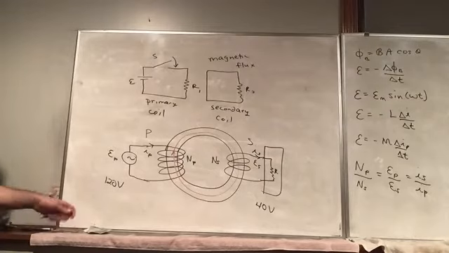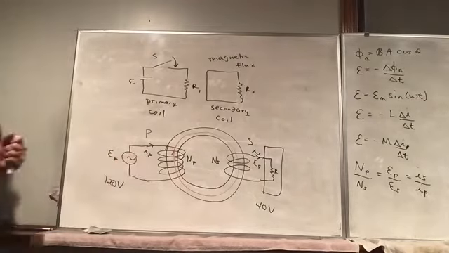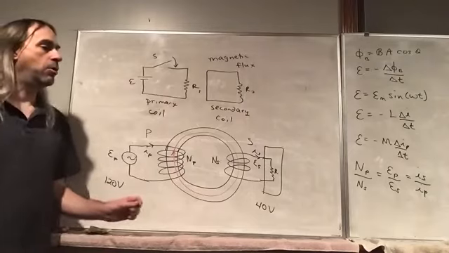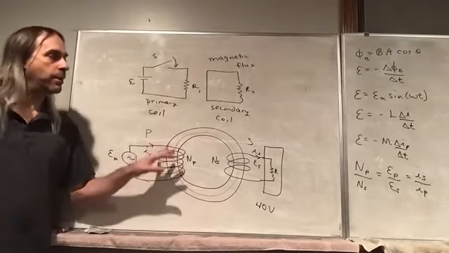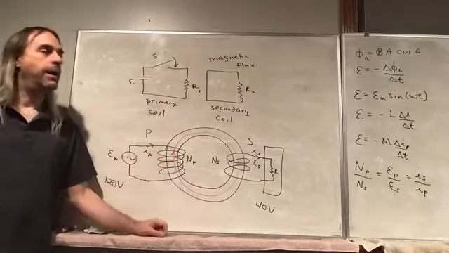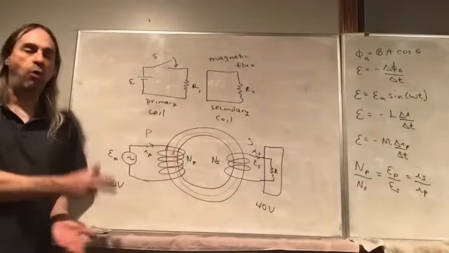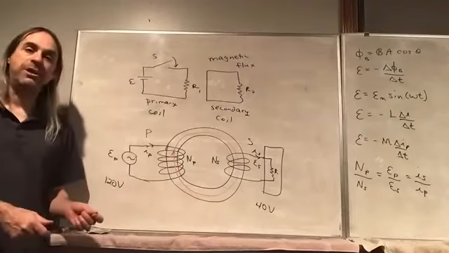And it turns out transmitting power at a high voltage is more efficient than at a lower voltage. So there's a sequence of transformers in our power grid. We create power at the power plant, and then there's a step up transformer, which massively increases the voltage, which will decrease the current.